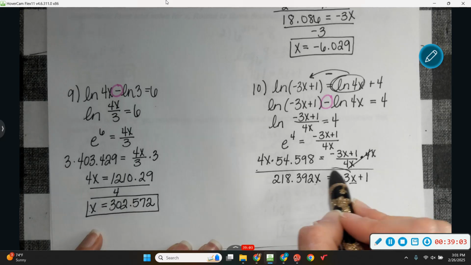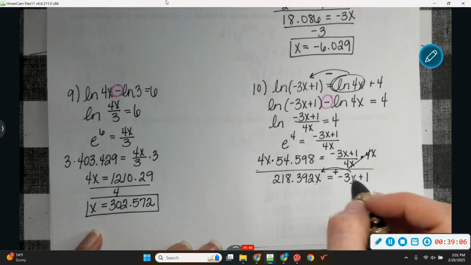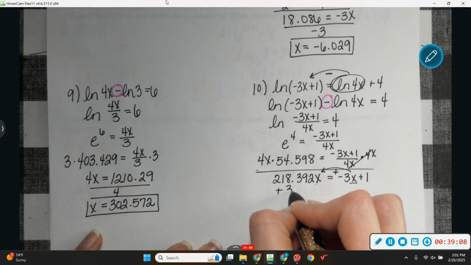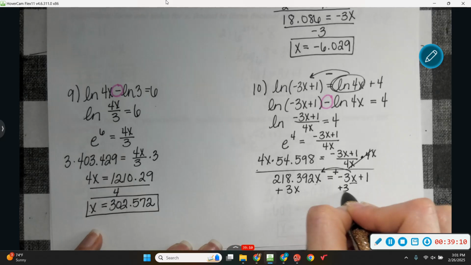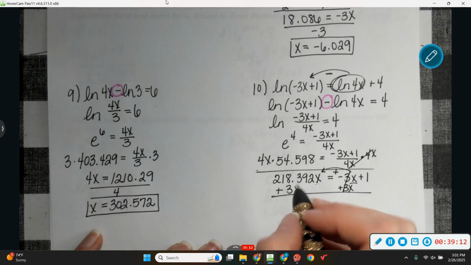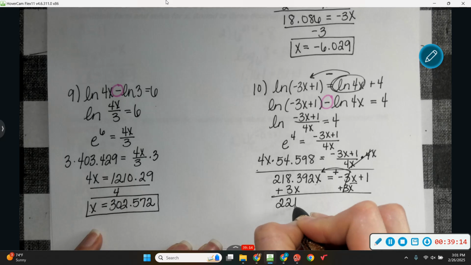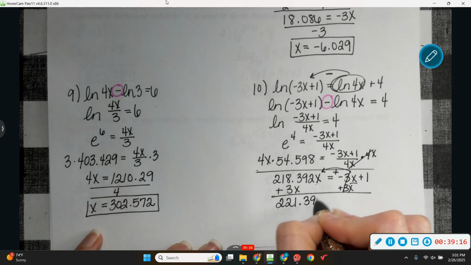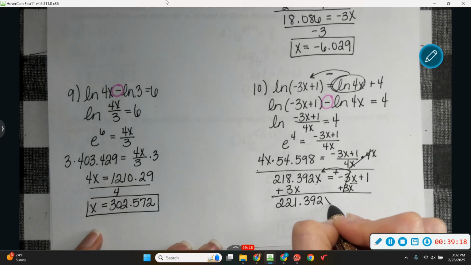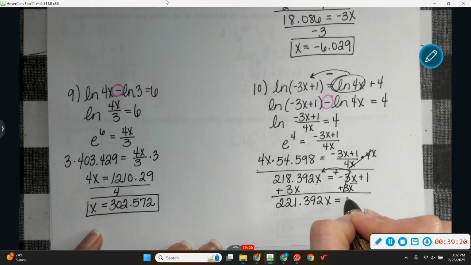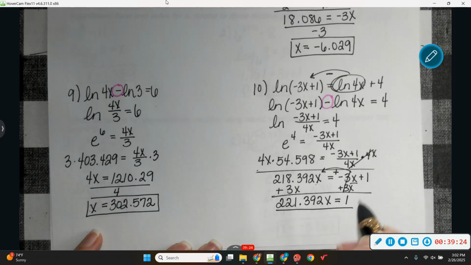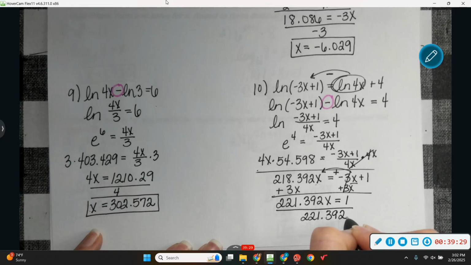I need to combine like terms, so I'm going to add my 3x. When I add 3x, that's going to give me 221.392x equal to 1. Now I need x by itself, so I'm going to divide both sides by that 221.392. So x is equal to 0.005.